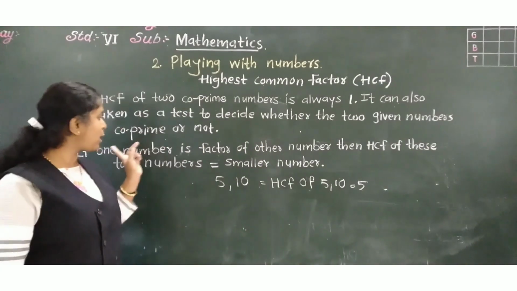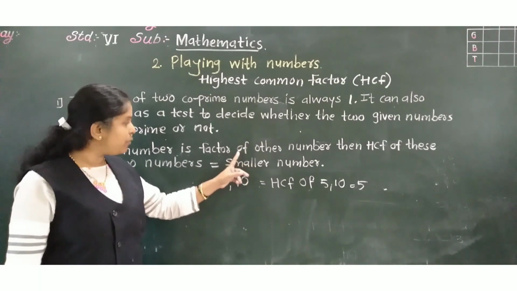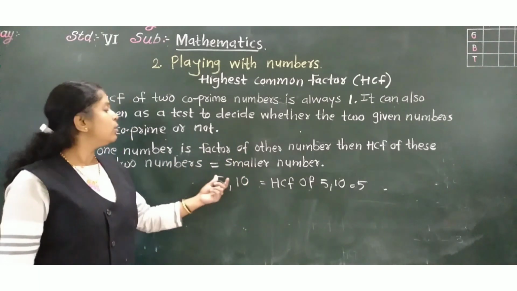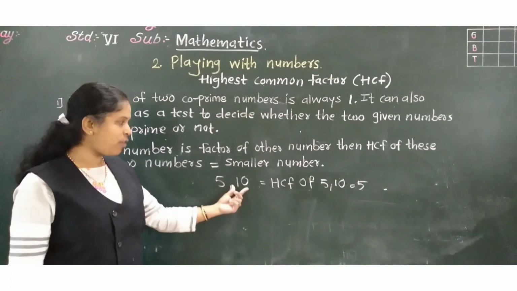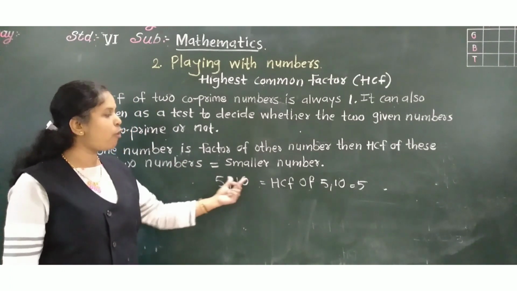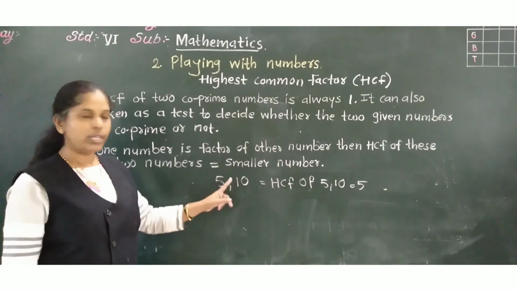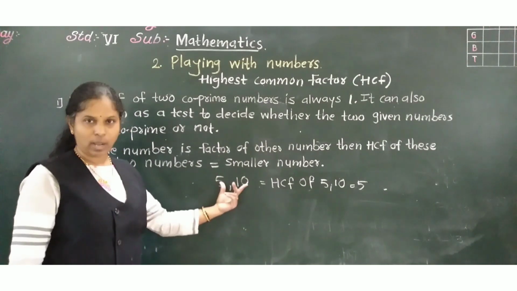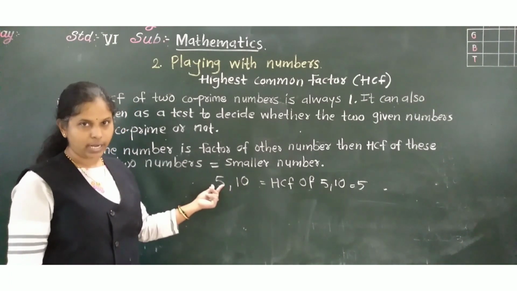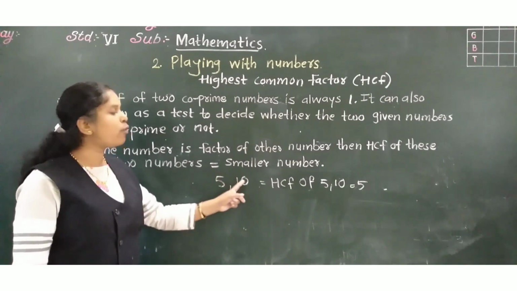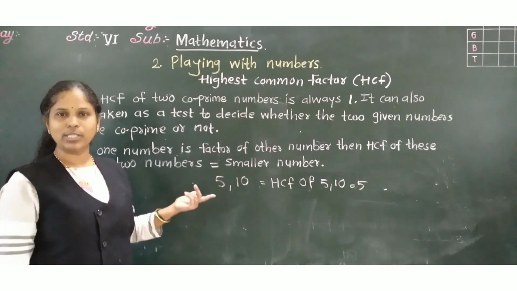Why? Because according to this fact, if of any two numbers one is the divisor of the other, then the HCF of these two numbers is always the smaller number. Here 10 is divisible by 5, correct? So the HCF of these two numbers is the smaller number, 5. Easily we could say.